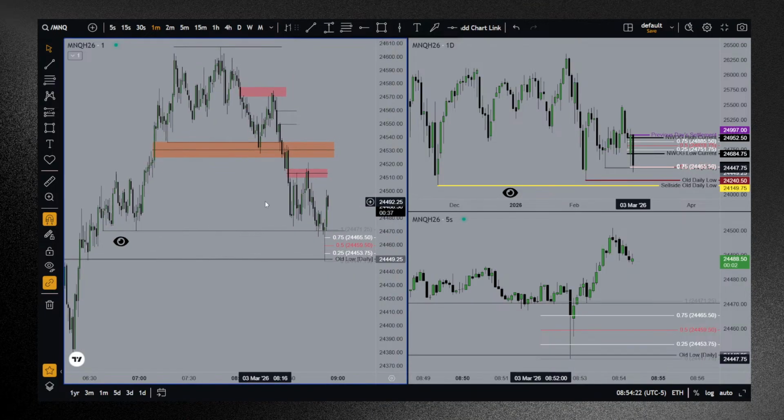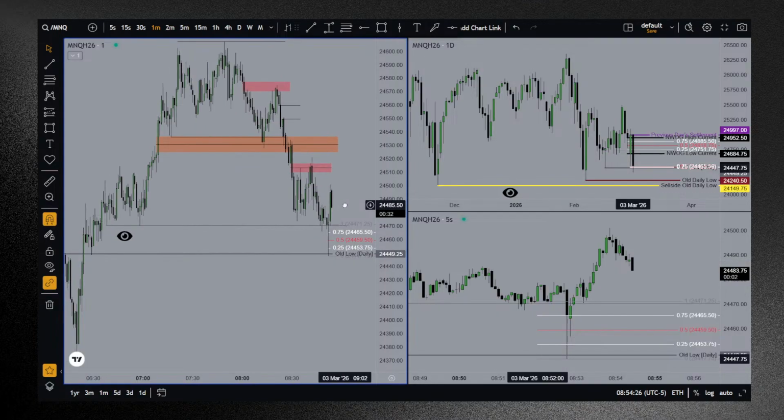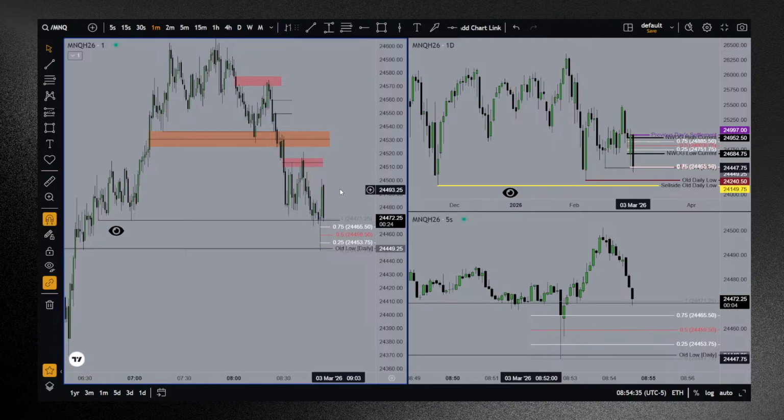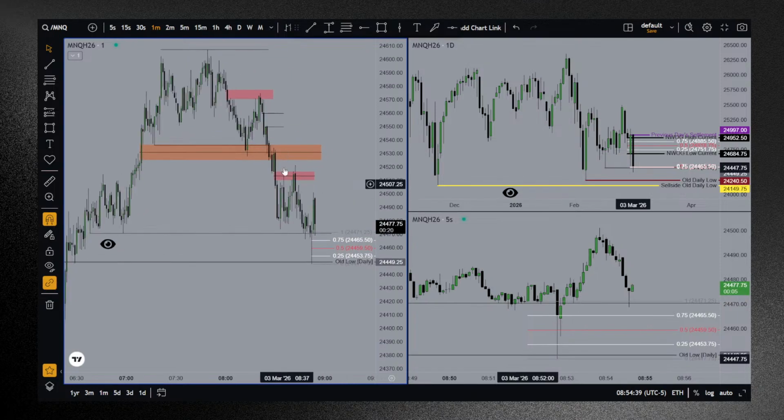So I think unless we start losing ground and closing below this week's consecutive encroachment, we might get some quiet price action here now. Who knows?